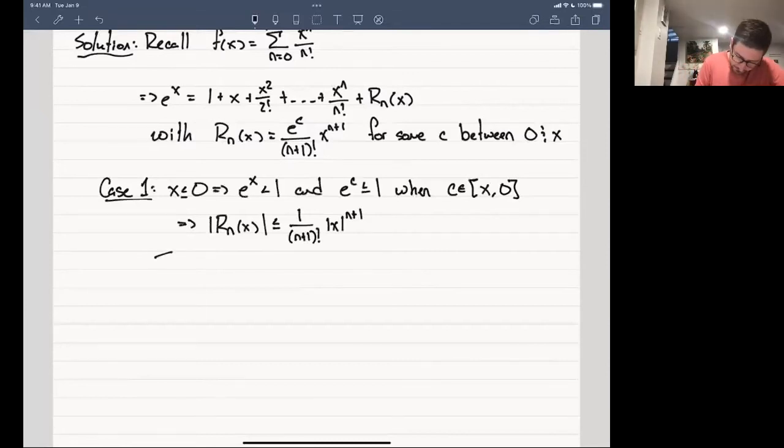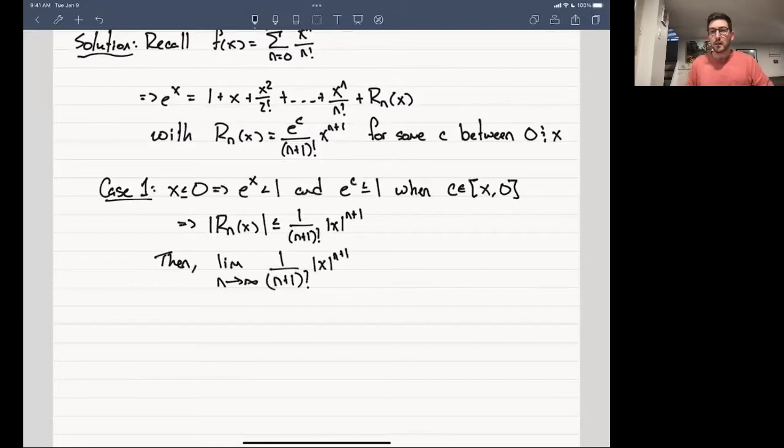Then the limit as n goes to infinity of 1 over n plus 1 factorial times x to the n plus 1, this thing goes to 0, as we showed in a previous lecture. And this works for every x less than or equal to 0. Okay, so that means that the Taylor series converges when x is less than or equal to 0.